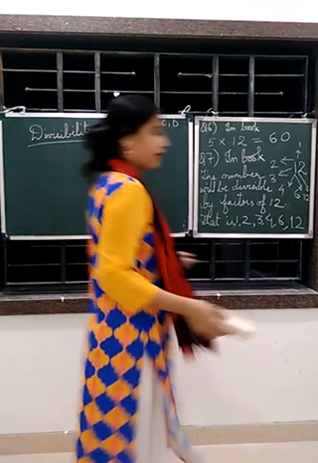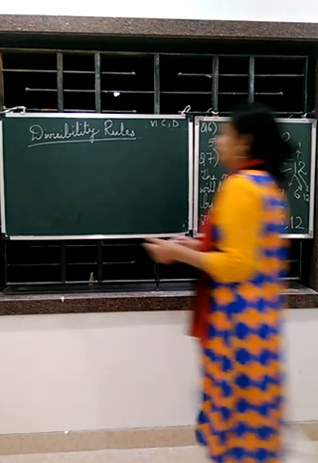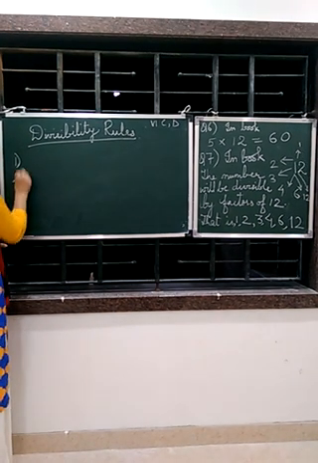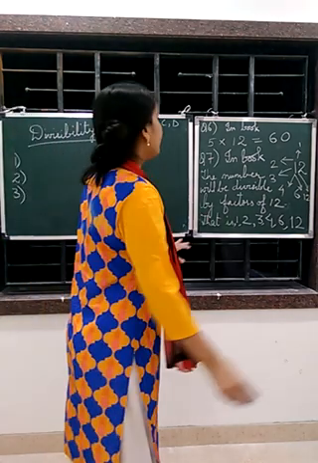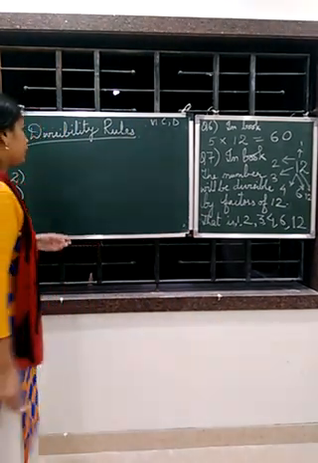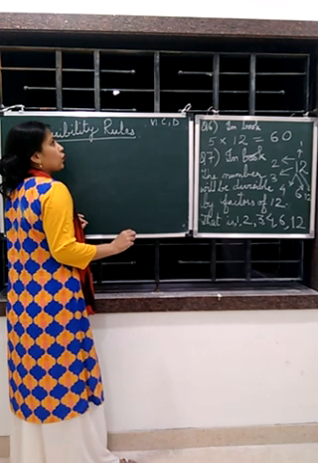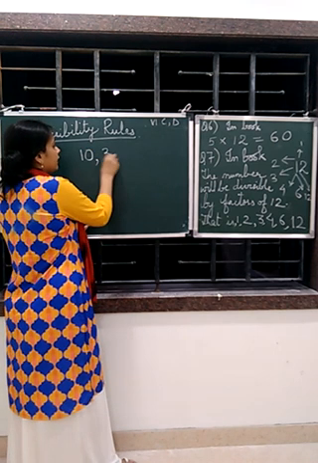We completed two properties. Two more properties are there, which we are going to do just now. The third property: if two numbers are divisible by any number, like for example, let's take 10 and 30.